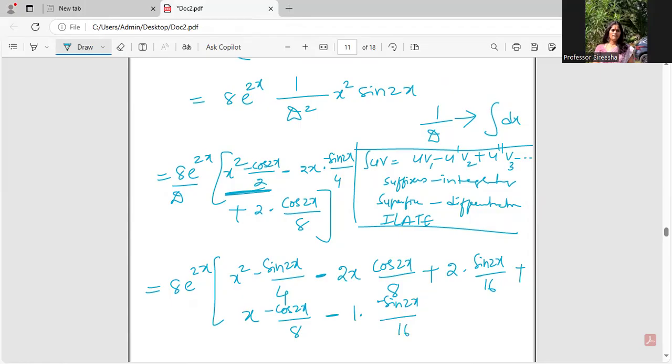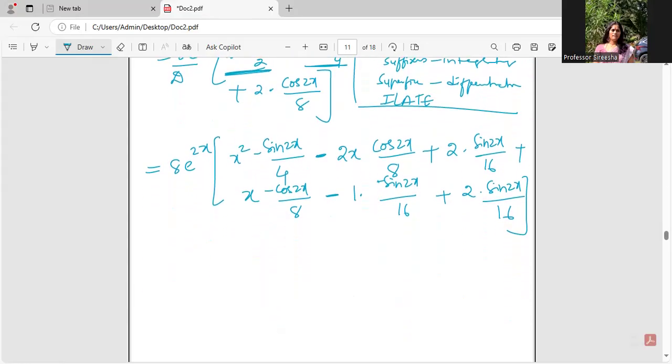That ends the integration of the second term. The third term integration is very simple. Cos x integration would be sin. So 2 into sin 2x by 16 is what I will have. So finally, I'll simplify this to get my YP. This is how I'll be doing it.